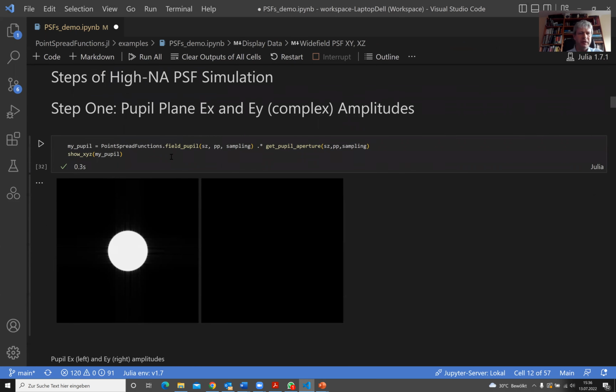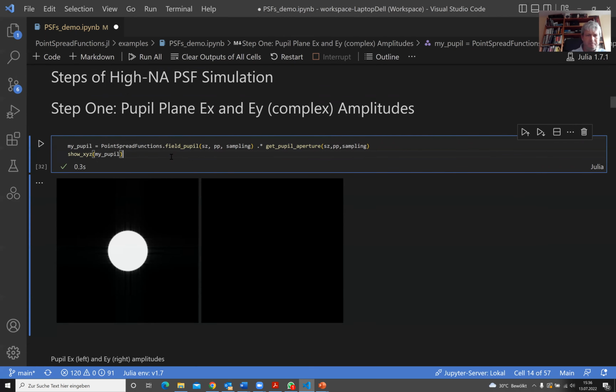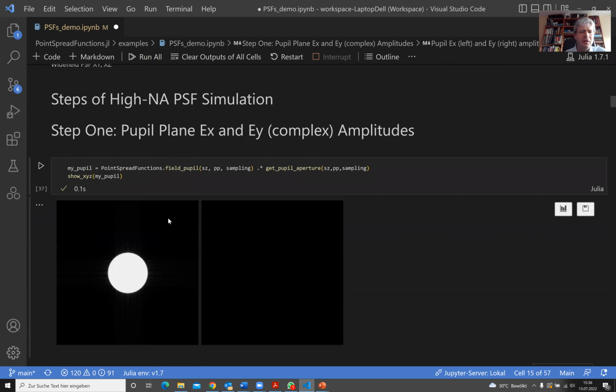Good, so now let's think a little bit of what it means to calculate a point spread function. What I show you here is some of the internal workings. So we start with the pupil. So the point spread function is defined by the pupil, which is essentially the other side of the objective. And if we are thinking about an illumination point spread function, that's the easiest way to think about it, then this pupil would have a circular aperture here, which defines the numerical aperture, defines in this case the radius of this aperture.